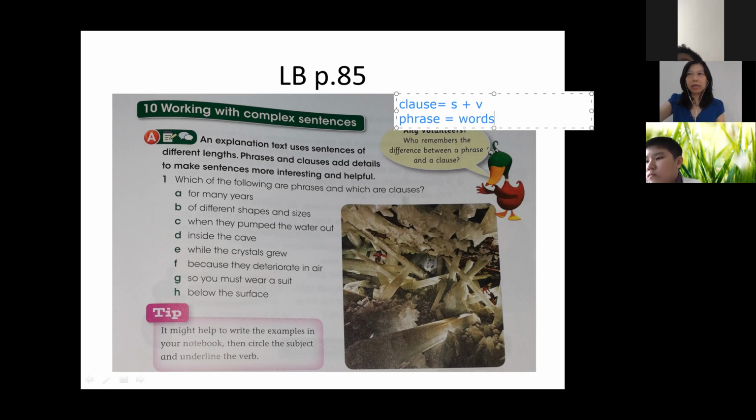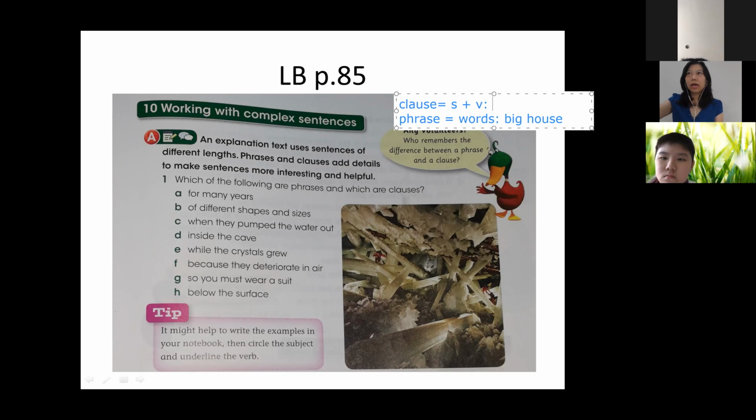For example, a big house. Big house consists of 2 words, but when you combine them together, they make sense. So this is what we call a phrase, but there is no subject and no verb. However, in a clause, you should have a subject and a verb.